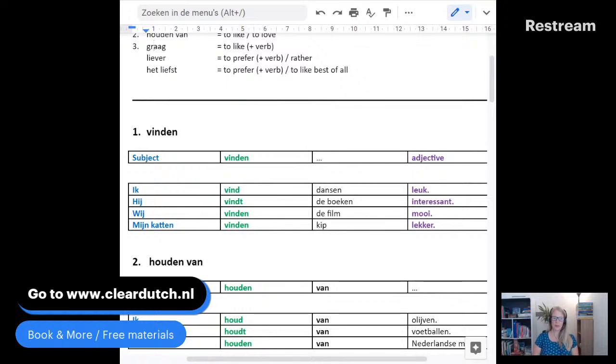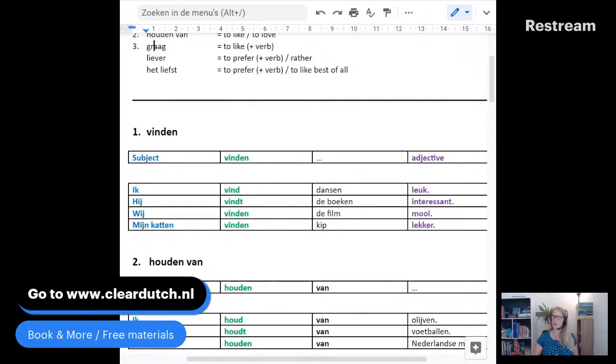So the structure is here. Subject, then vinden, but you have to conjugate it, so it has to match with the subject, with the person. So you have subject, the conjugated form of vinden, then the thing you like, and then an adjective. Adjectives are words like leuk, mooi, lekker, interessant, etc. So this is like the value, what you think of it.